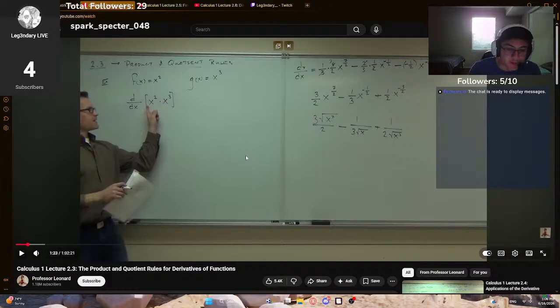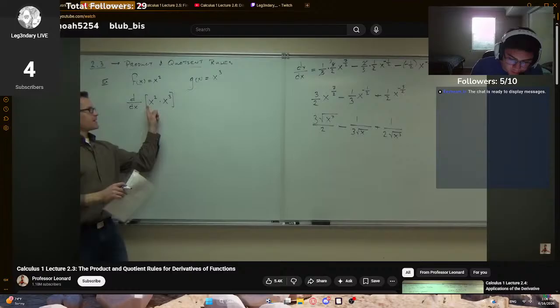So, got an example. D over dx of x squared times x cubed, and this is g of x, right?